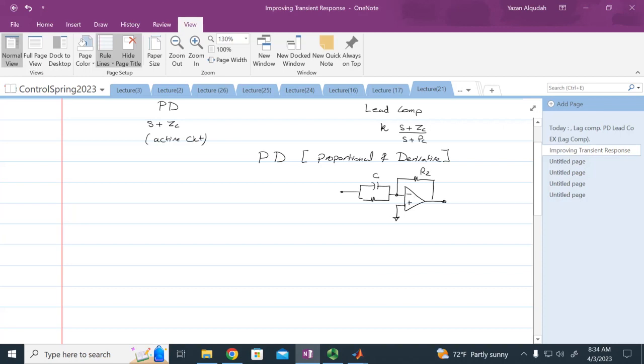This is R2, this is C, this is R1, this is the input, this is the output, and we can write V output over V input equals negative R2 over the impedance of the equivalent parallel, which we can write as 1 plus S C R1 divided by R1.